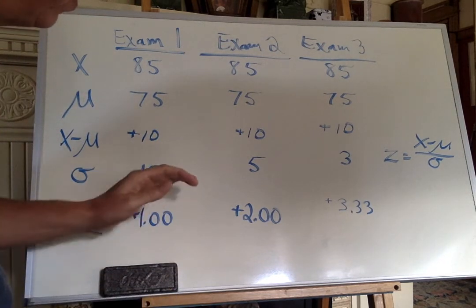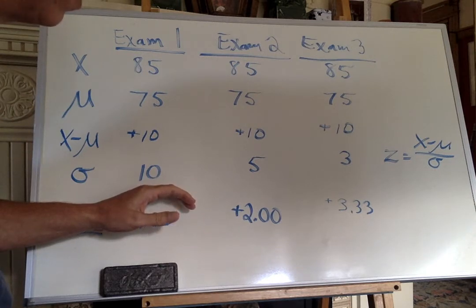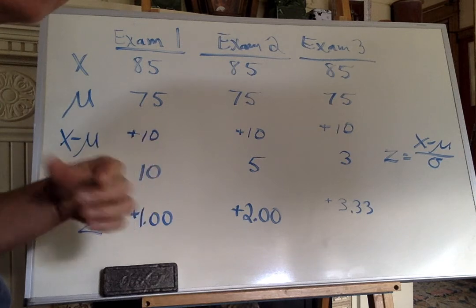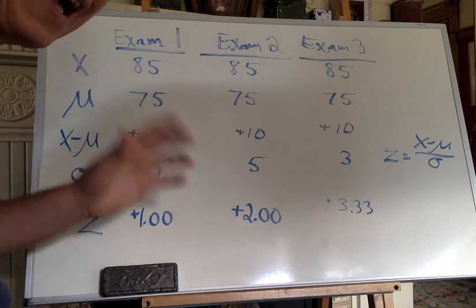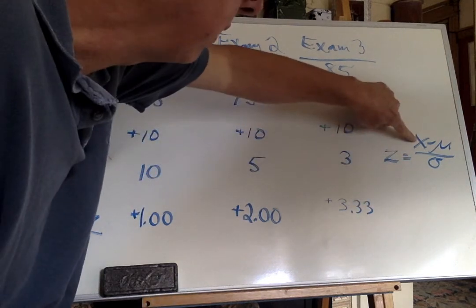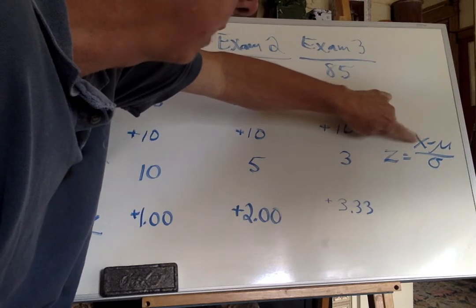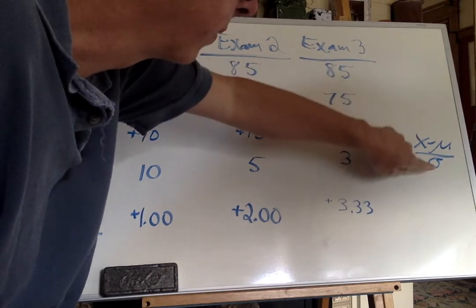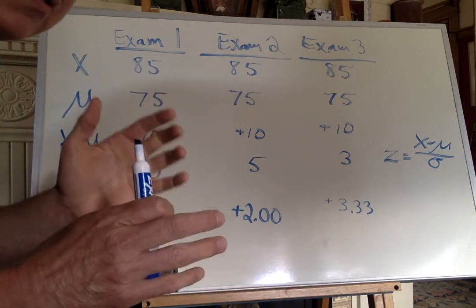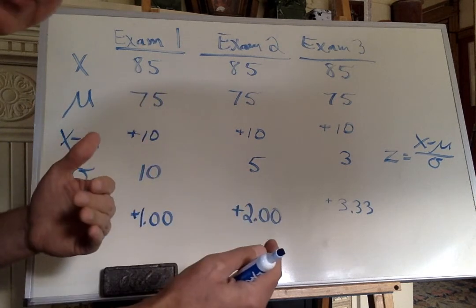And so what we do is take into consideration the standard deviation. So when I'm assessing performance, when I'm evaluating where a person is at, I'm going to use their deviation from the mean. How do they compare to the average? And then I'm going to put that in terms of how everybody else is deviating from the average.